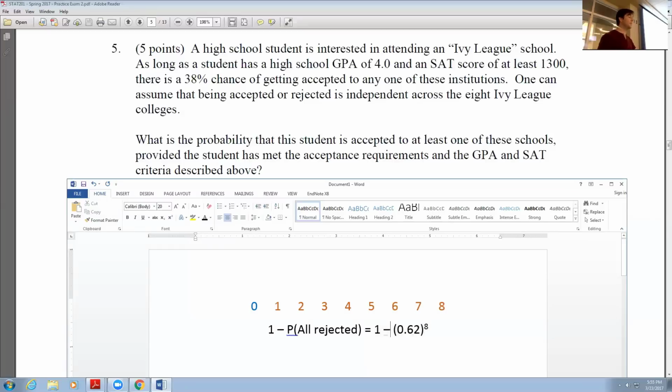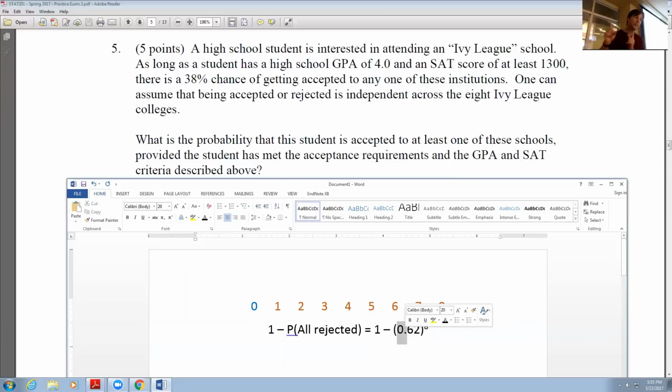We have the event you get rejected from 8, and the event of everything but getting rejected from 8. Is this clear? Nice job online, they wrote the complement. 0.62 is the complement of 0.38. You will either get accepted or not accepted, and this is the probability of not getting accepted from 8 schools.